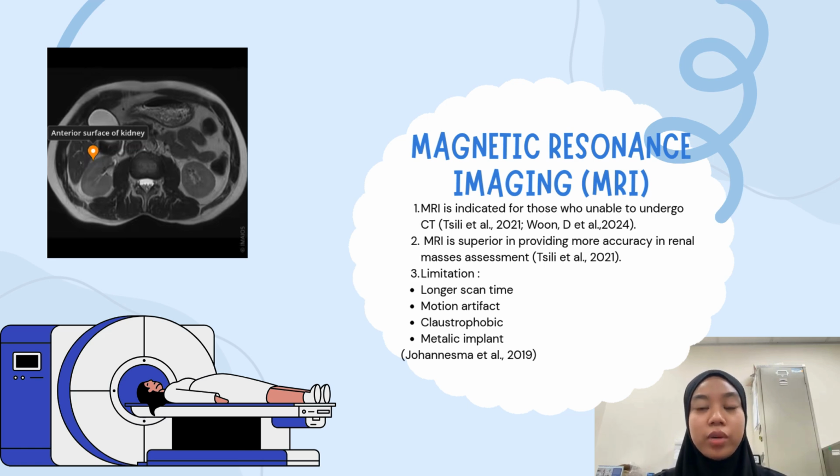And lastly, we have magnetic resonance imaging or MRI, which is indicated for patients who are unable to undergo CT scan, that may be due to allergy to iodinated CT contrast, and pregnant patients without renal failure. MRI provides more accuracy in renal mass assessment, as it possesses superior soft tissue contrast, reduced sensitivity to calcification and no pseudoenhancement.